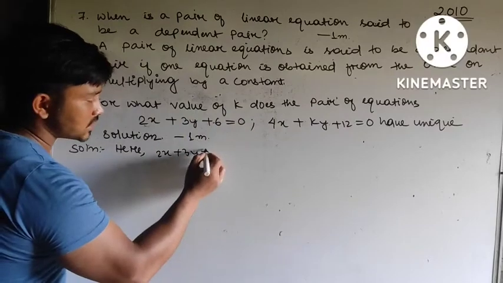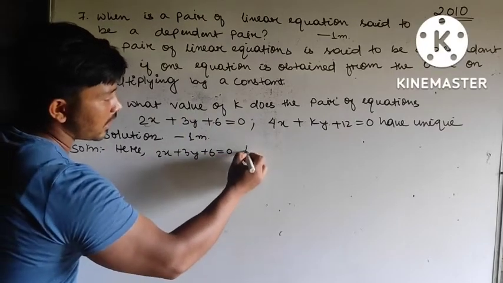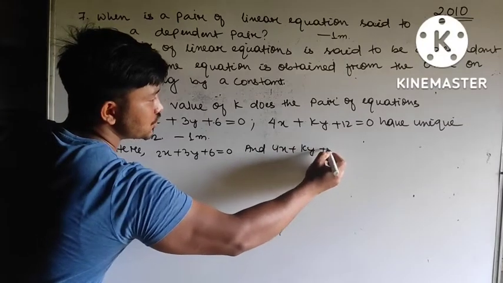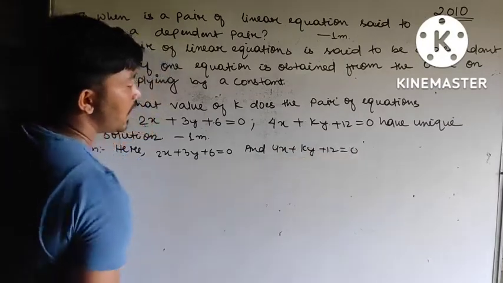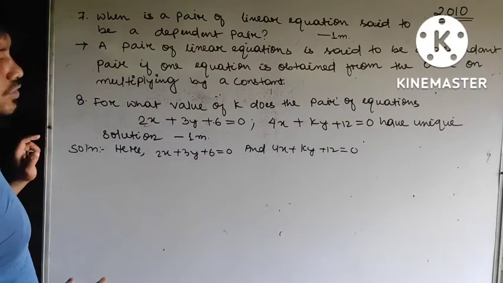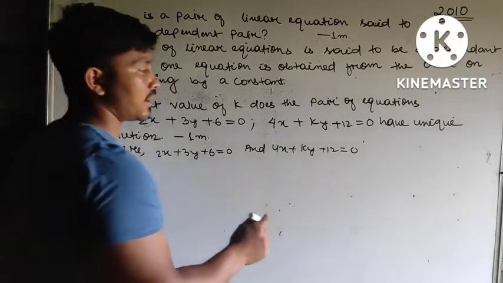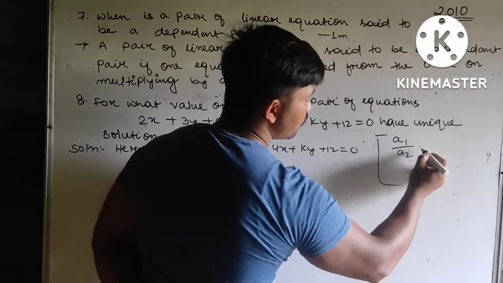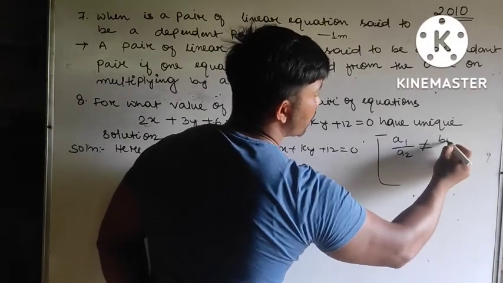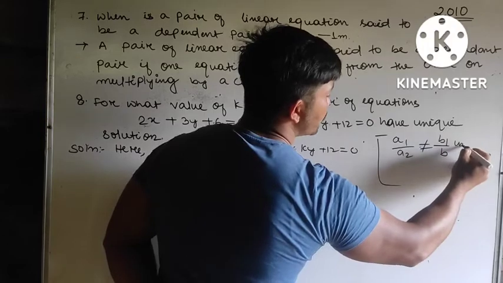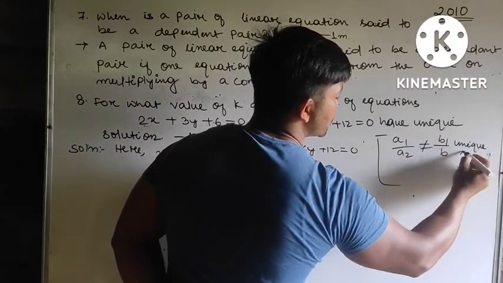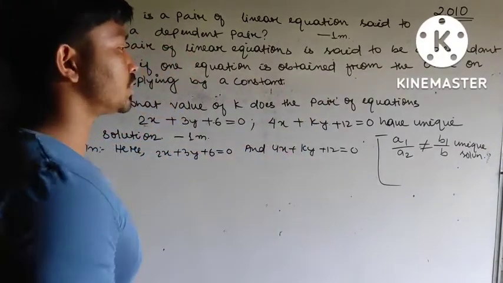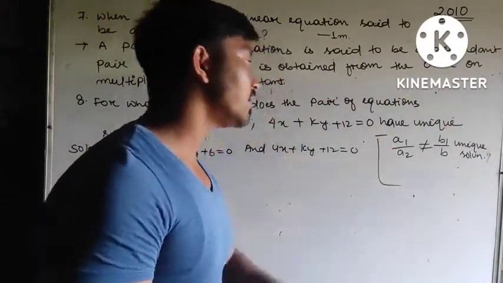The second equation is 4x plus ky plus 12 equal to 0. If the given equation has a unique solution, then the formula is a1 by a2 not equal to b1 by b2. This is for unique solution. Don't forget, for a unique solution you apply this formula.